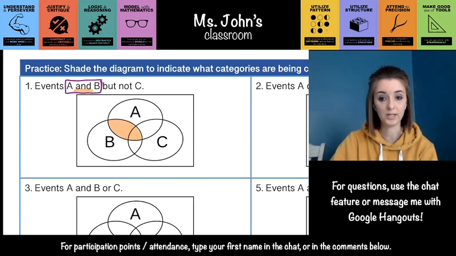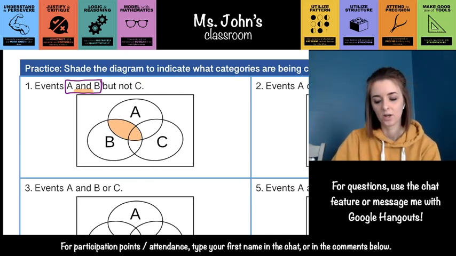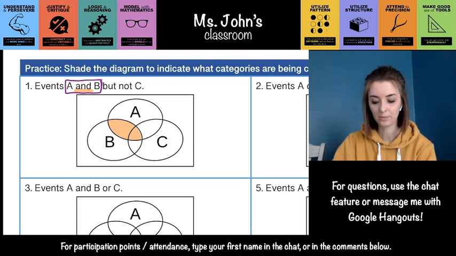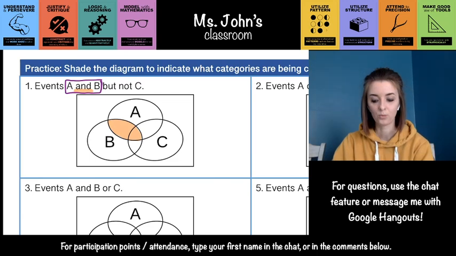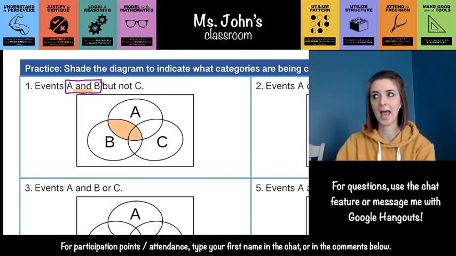That's our A and B. However, we've added here, but not C. So there's a portion of this almond shape that is now not favorable because C is happening. We only want A and B.